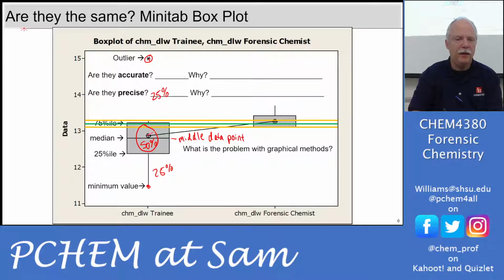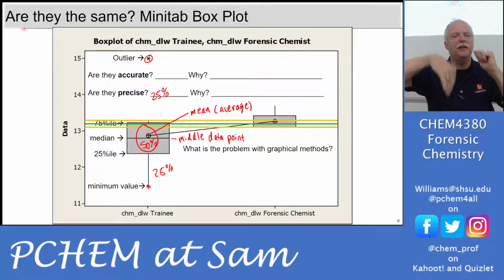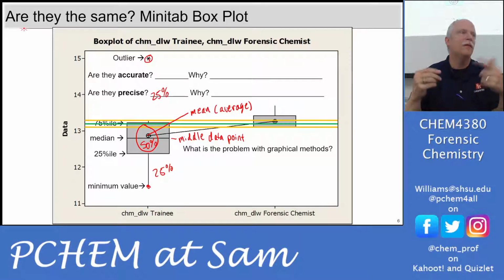And this is the mean, which is the average. And notice they're slightly different. The median relative to the mean will tell you how the data is skewed. And so this is saying that this data is skewed to low values because the median falls below the mean.